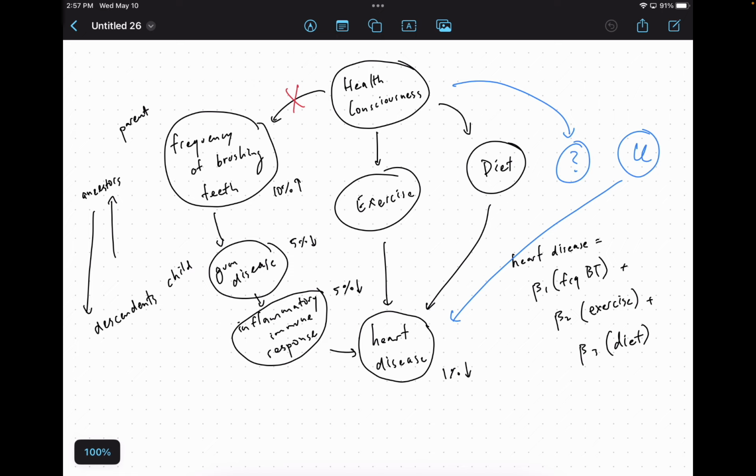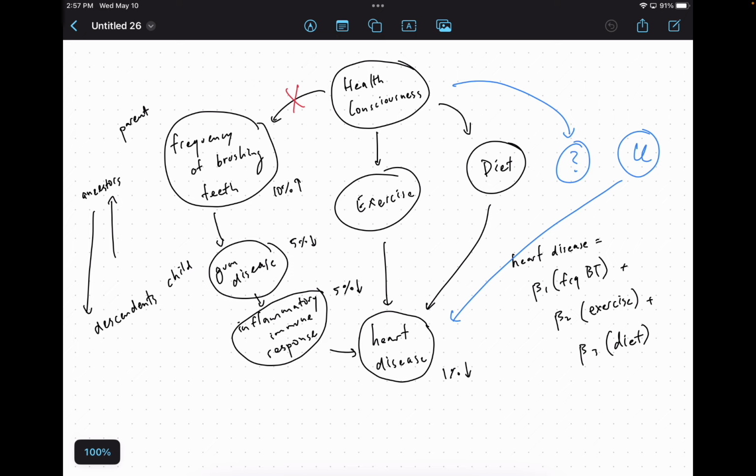So what would be an example of an instrumental variable in the context of this particular problem? That would mean you would have to find a variable that only affects heart disease through the frequency of brushing your teeth and not through any of this other stuff.